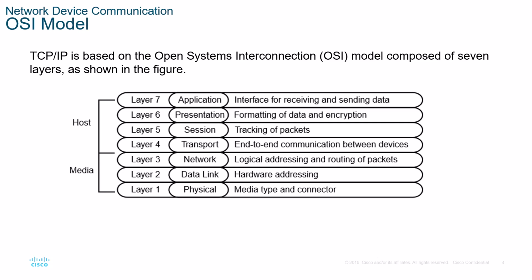But as a review, going from the bottom up, Layer 1 is the media type and the connectors. Layer 2 is the hardware addressing, MAC addresses. Layer 3 is our logical addressing, so IPs and path selection.